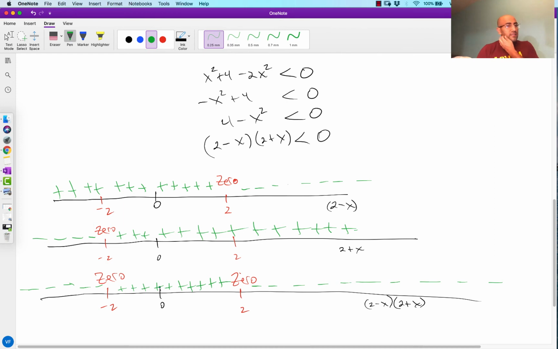So we see that the function is going to give us a negative value whenever x is greater than 2 or less than negative 2. And of course, we are only interested in n values where n is equal to 1, 2, 3, 4, 5, and so on. So for us, we're going to get negative values whenever n is equal to or greater than 3.